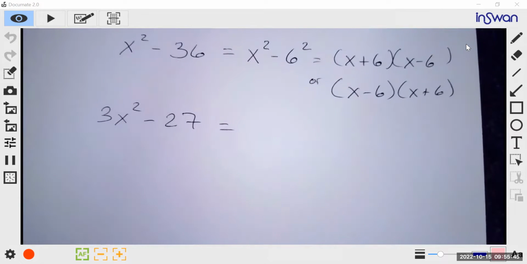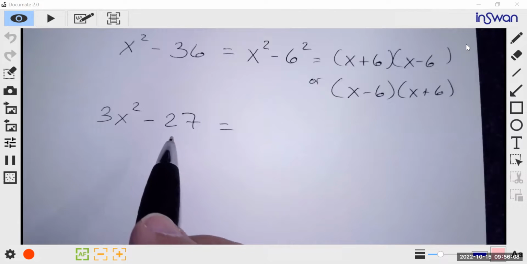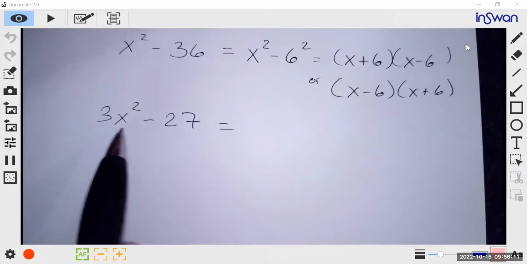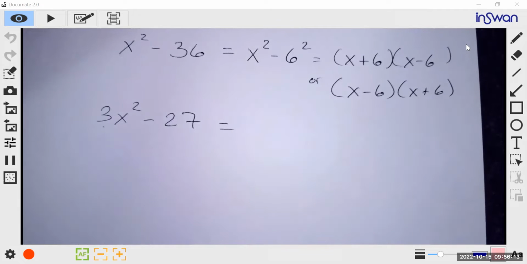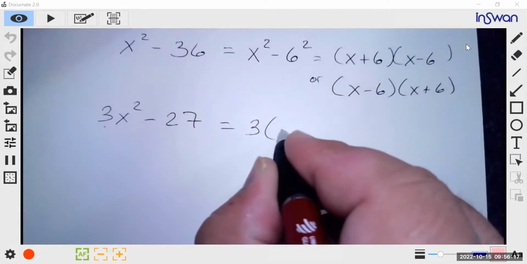How about that? So 5 times 5 is 25. 6 times 6 is 36. So 27 is not a perfect square, but neither is 3. Do we have anything that factors out? Anything in common in both of these numbers? Yeah, we can take out a 3.